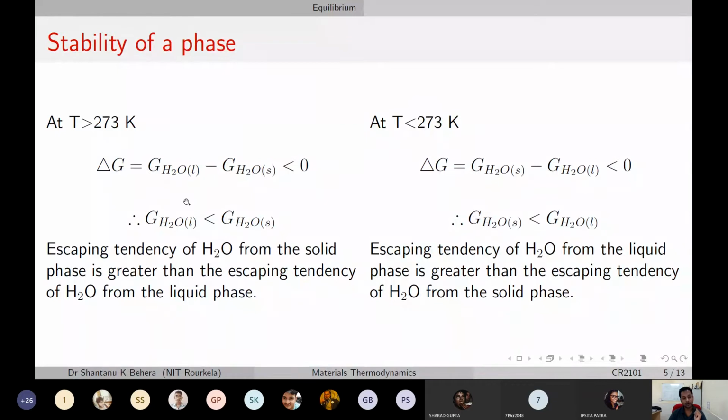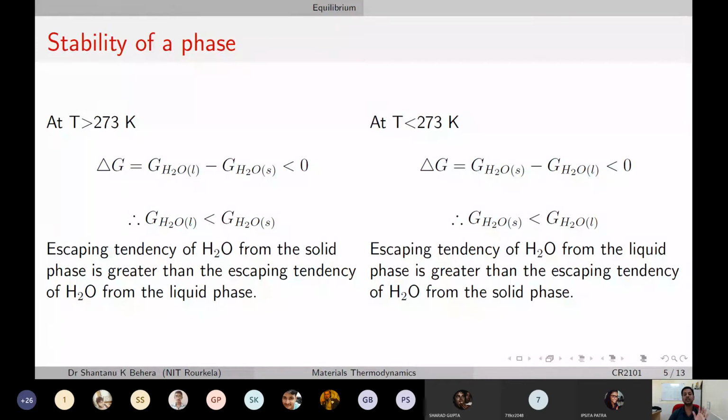Water is more comfortable being in the liquid state than in the solid state when the temperature is more than 273 Kelvin. And the whole thing reverses when you take the temperature lower than 273 Kelvin.